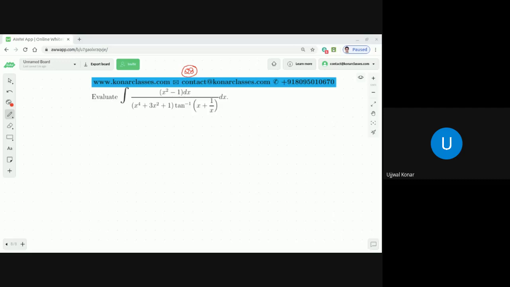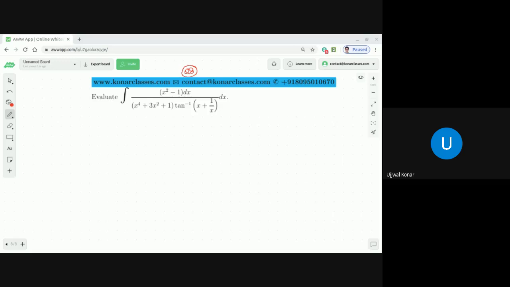I hope all of you are thinking, and I appreciate your thought process. But one guideline I'd like to give you is that x plus 1 by x, as it is given in tan inverse of x plus 1 by x, you need to make it in such a manner that it will help you with the rest of the part, which is the algebraic part.